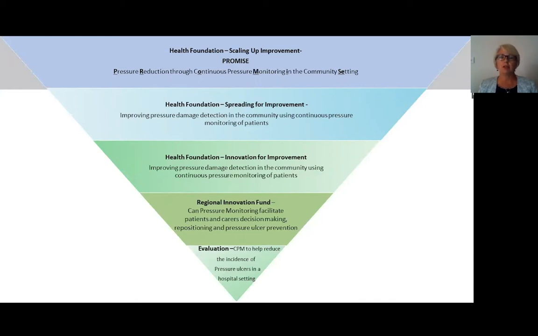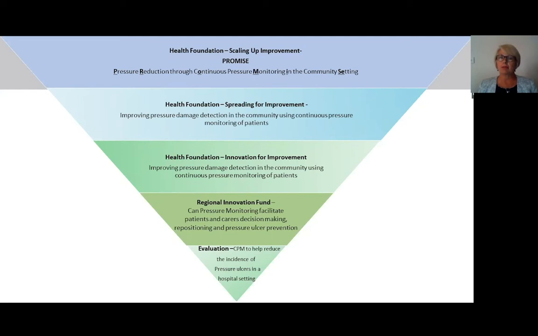We then used that study, which was a service improvement study, to go for the Innovation for Improvement Award, which was another £75,000, and that looked to improving pressure damage detection in the community. And Excensa made me a small bed map, a small chair map, which I was able to use for patients who were sitting out for long periods of time.